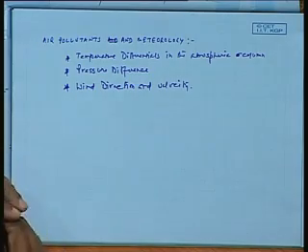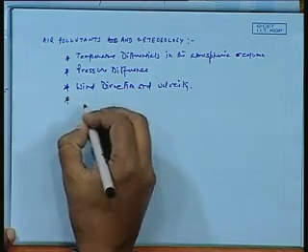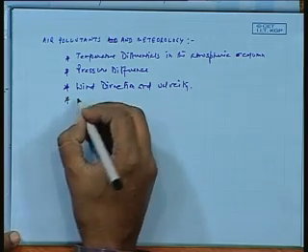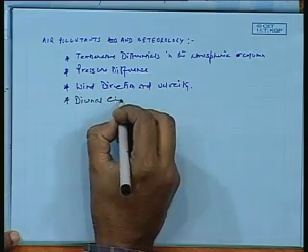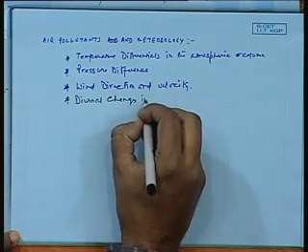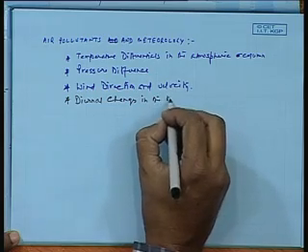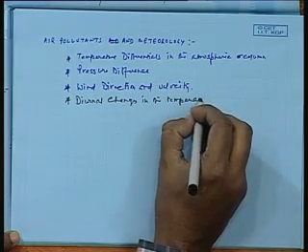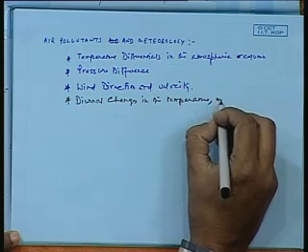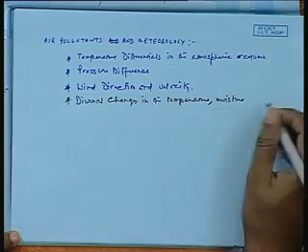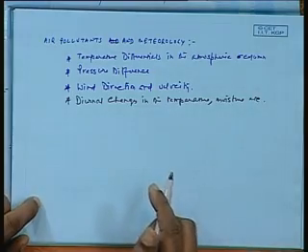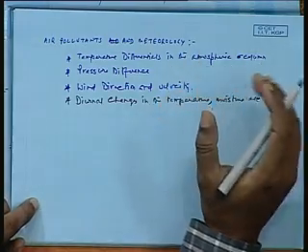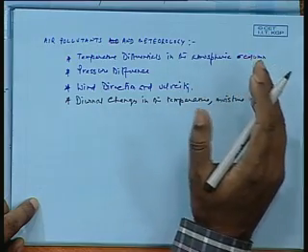Apart from that, you can also discuss the diurnal changes in the temperature, moisture, etc. So these are diurnal changes, day-wise changes during the different times of the day and different times in the night, diurnal and nocturnal changes in the temperature.